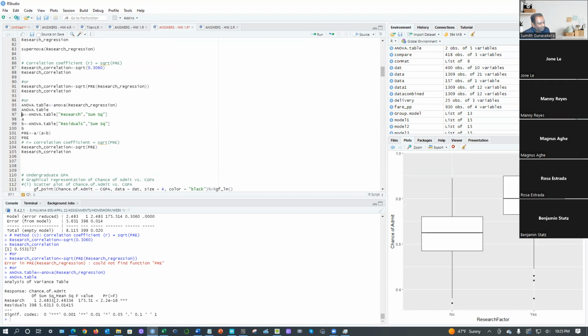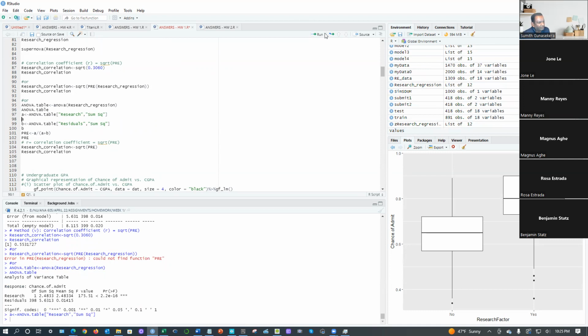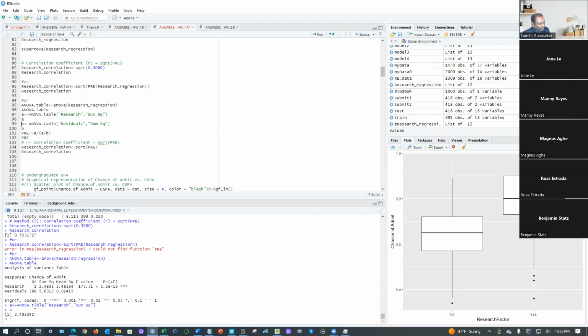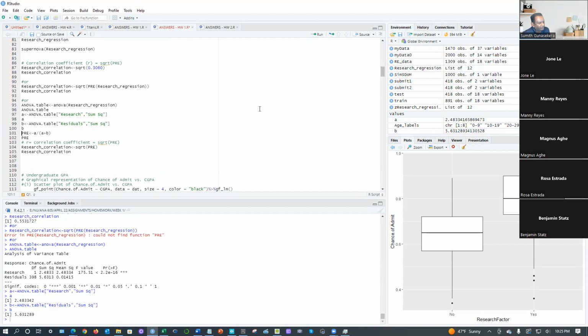PRE is nothing but the sum of squared regression divided by the sum of squared total. So you're going to get the regression sum of squared, which you already know, that value. You can read that one, 2.4833, and get the residual one. You know that value, 5.633.